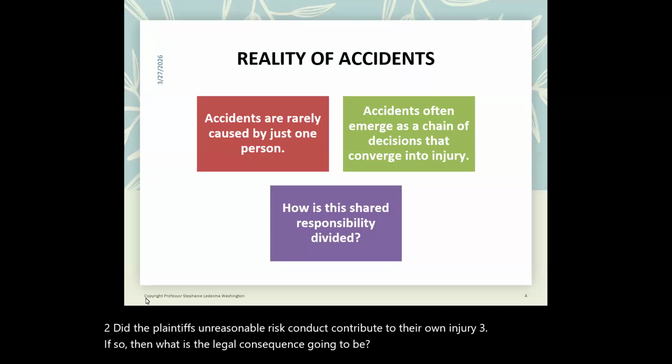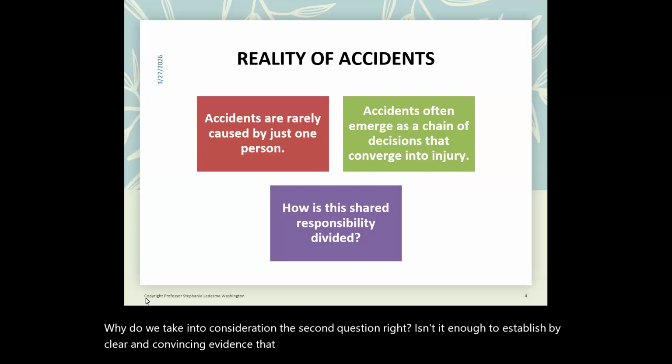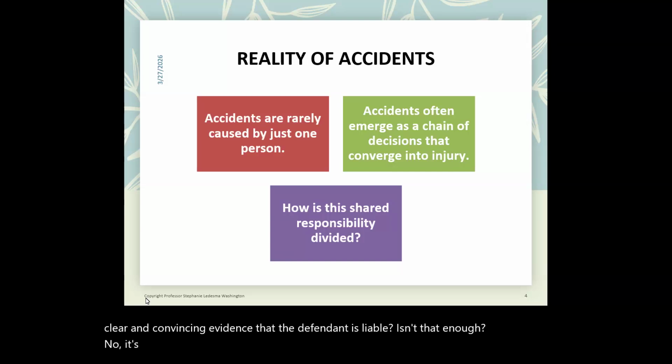Why do we take into consideration the second question, right? Isn't it enough to establish by clear and convincing evidence that the defendant is liable? Isn't that enough? No, it's not enough, because we understand that accidents are rarely caused just by one person.